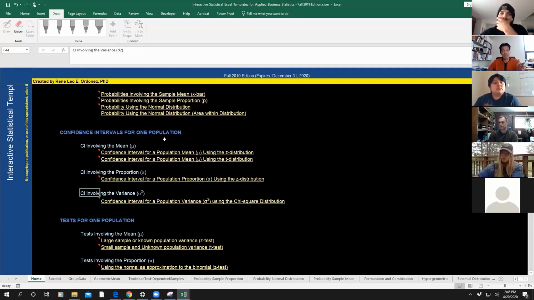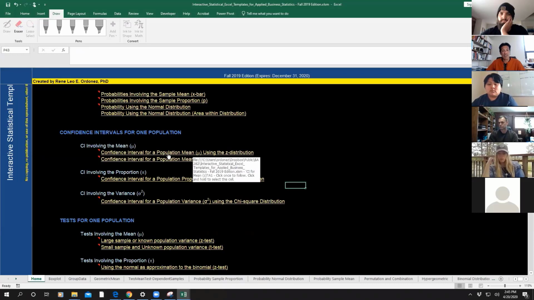All right, so chapter 9 only deals with the mean and proportion. This one is covered in a different chapter, which is the chi-squared chapter, which we will be covering towards the end of this term.